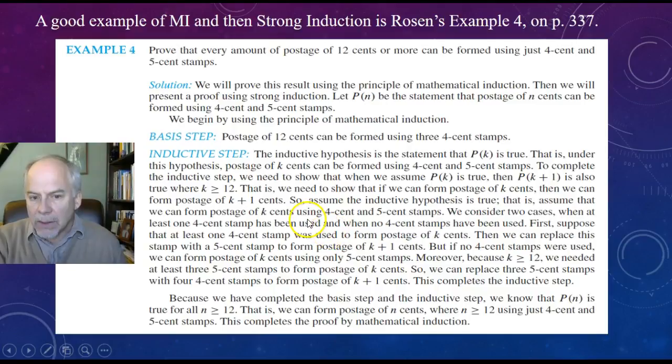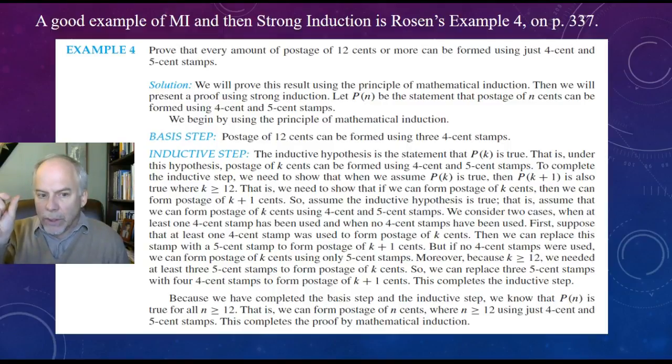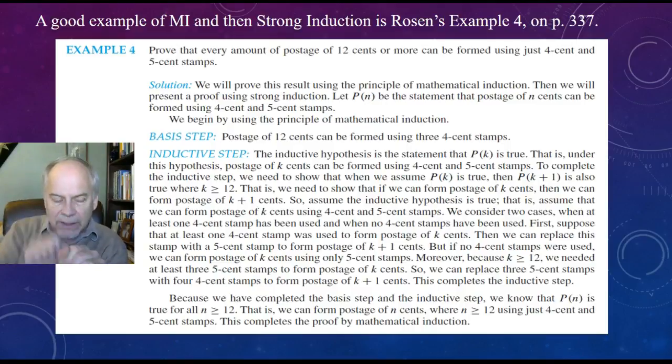Now, if we can make postage with these 4- and 5-cent stamps for the K amount, then we must have used 4-cent or 5-cent stamps. There are two cases: either we used at least one 4-cent stamp, or we did not use any 4-cent stamps. In the first case, if we used a 4-cent stamp, we could just take that 4-cent stamp away and add a 5-cent stamp.